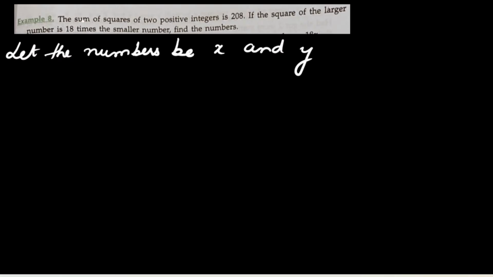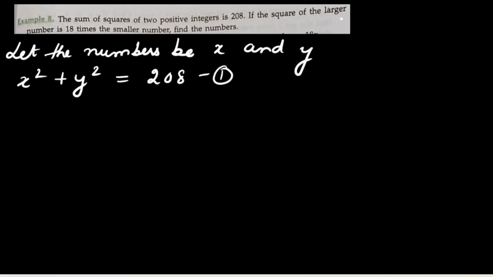Sum of the squares: sum means addition, square means the whole square. So according to the first line, x square plus y square is equal to 208. I'll mark it as the first equation.